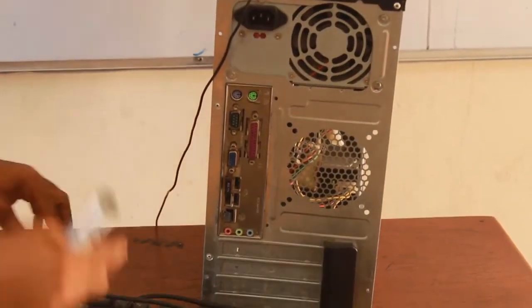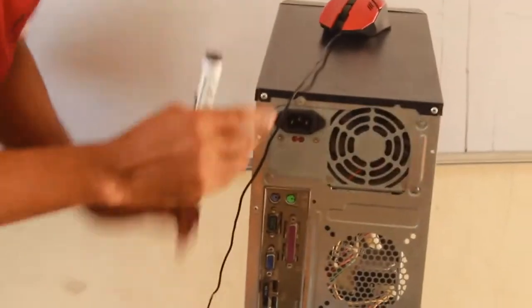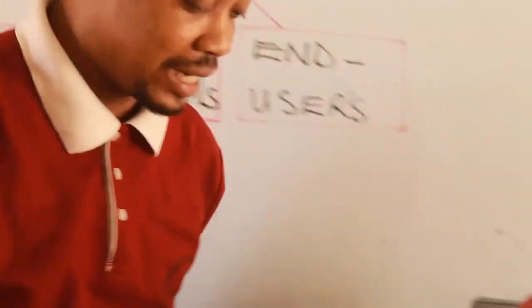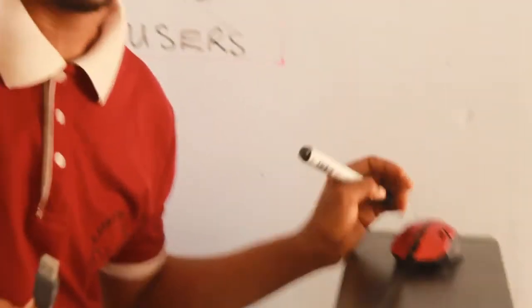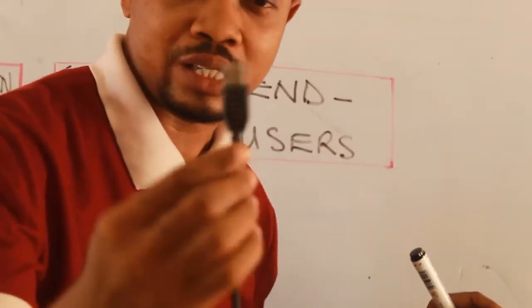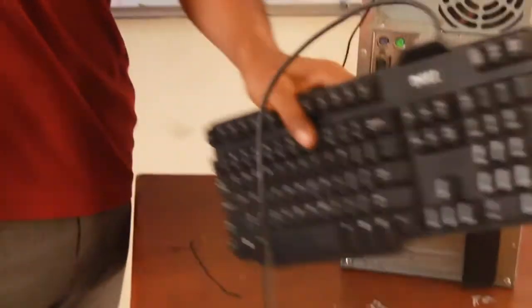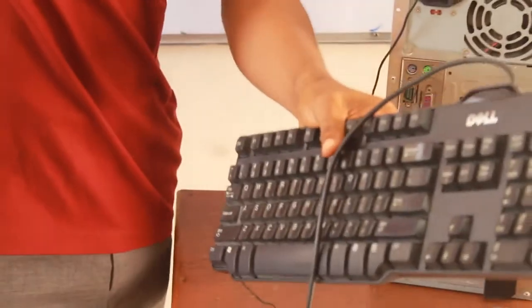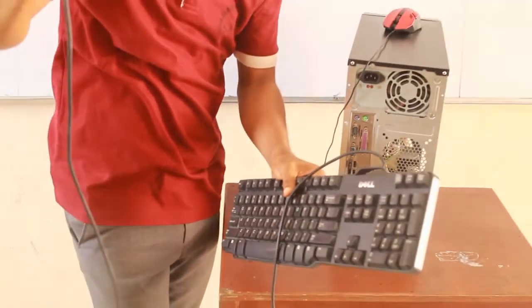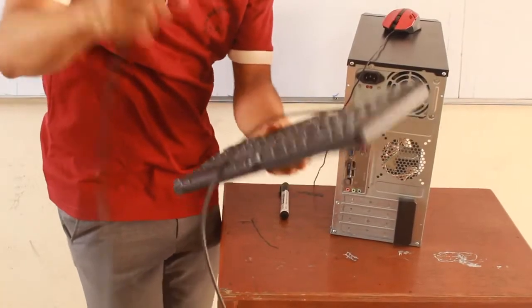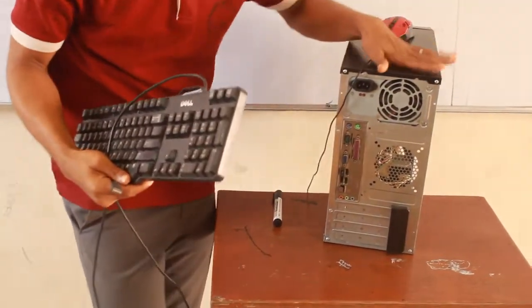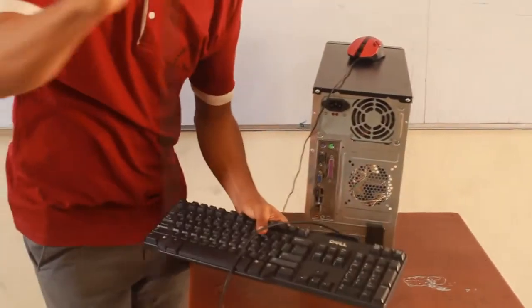Of course, every single system unit has ports, and then there are what we call plugs. For instance, this is a plug, a cable connected to the keyboard. This is a typical example of a peripheral device. You will see with me that it is not part of the system unit. Rather, it is attached.